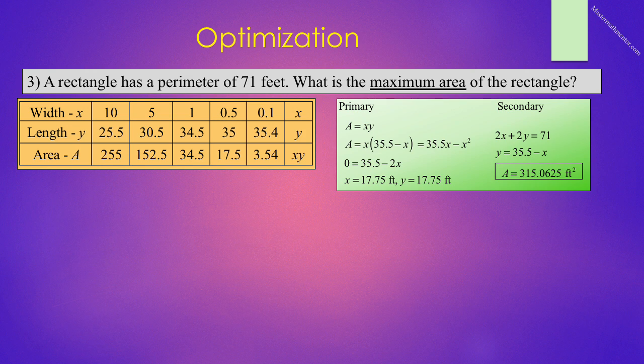It did not ask for the dimensions of the maximum area rectangle. It actually asked for the maximum area. So you actually have to multiply x and y and get that A is equal to 315.0625 square feet. Also very important to make sure you have the correct units in your answer.